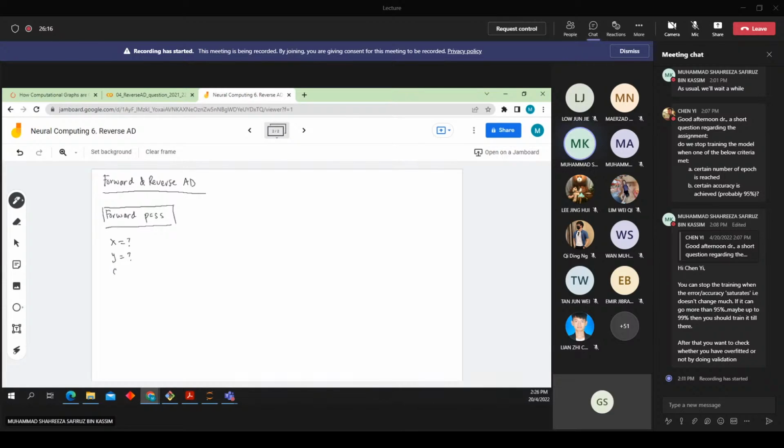Right? a equals x times y, and b equals sine of x, and z equals a plus b. And then you try to compute the local gradient.